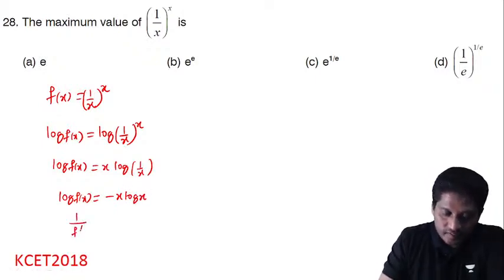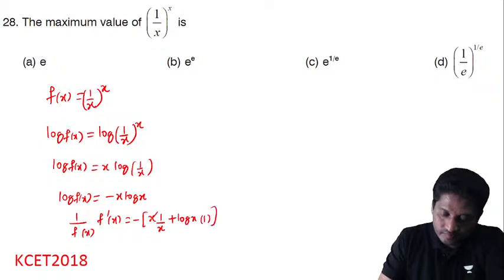Now if I differentiate, the derivative of log f x is 1 by f x, and the differentiation of f is f dash. Minus of first function x, differentiation of log x is 1 by x, plus second function log x, differentiation of x is 1.